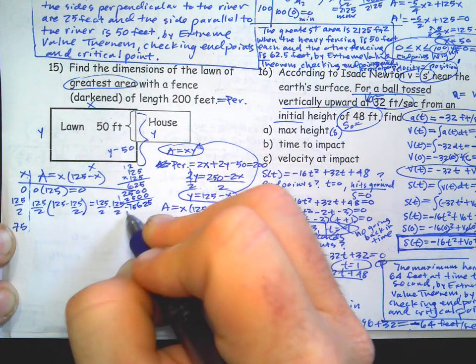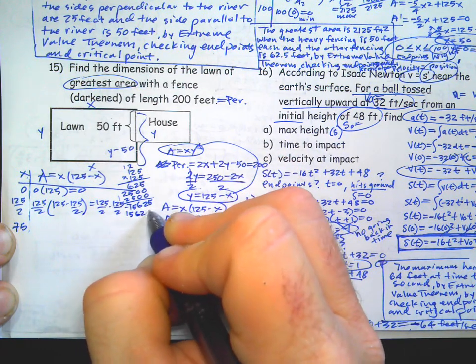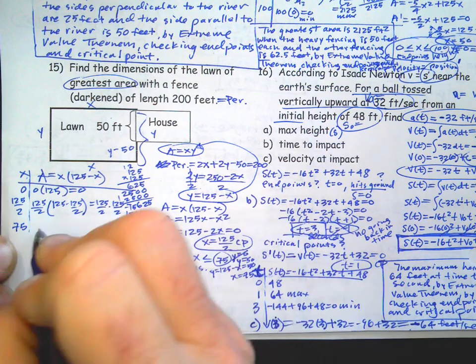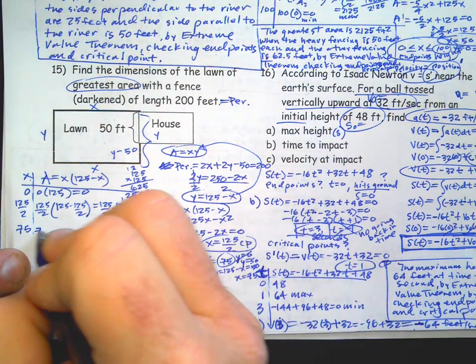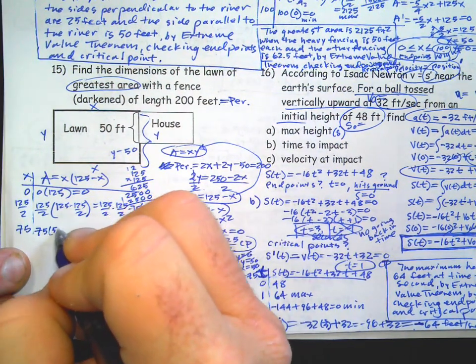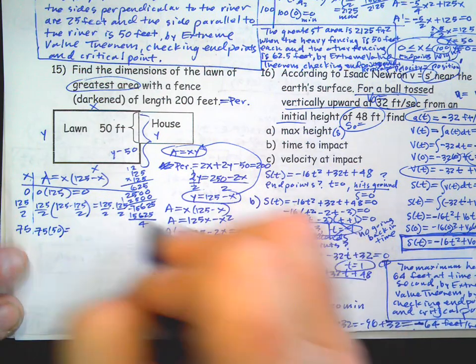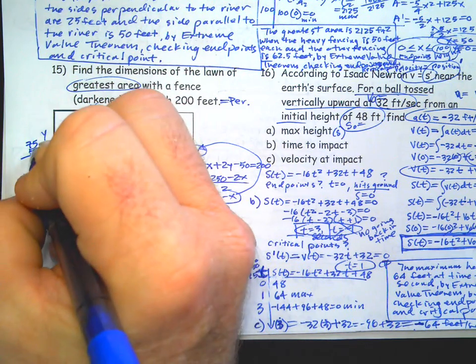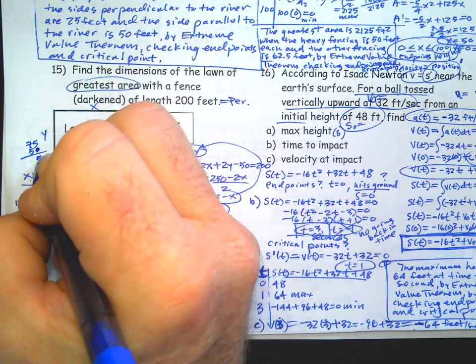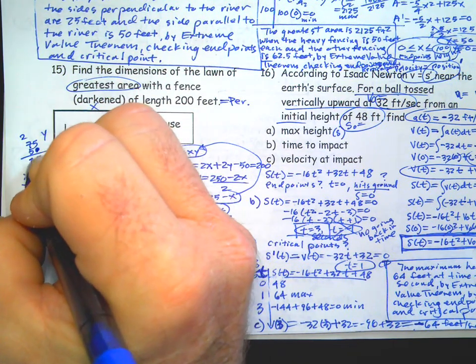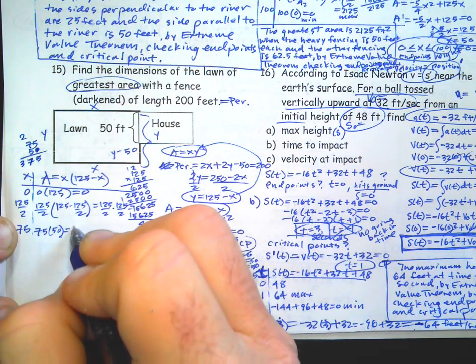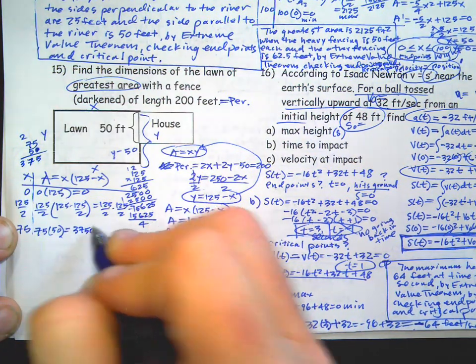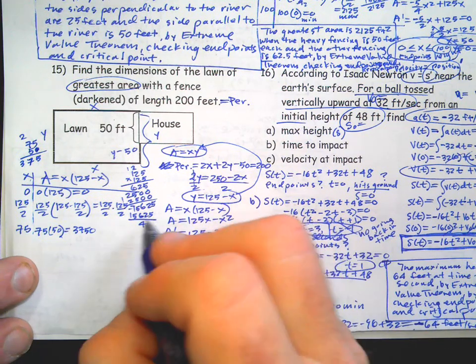So it's 15,625 over 4. Ugh. Plug 75 in. 75 times 50. So 5 times 75, and then I'll just add a 0. So it's going to be 3750. Now, I just got to figure out if this one's bigger.